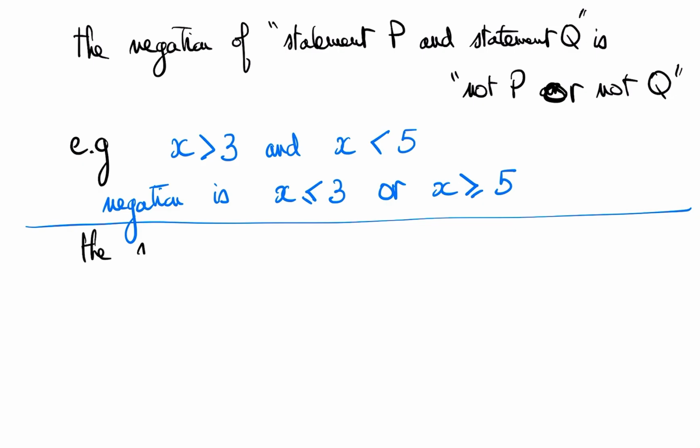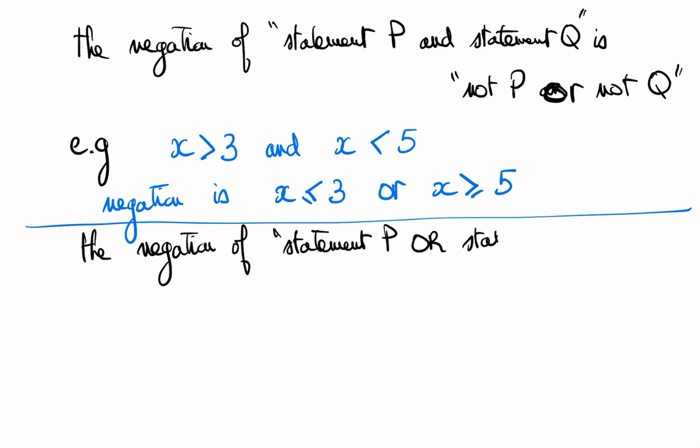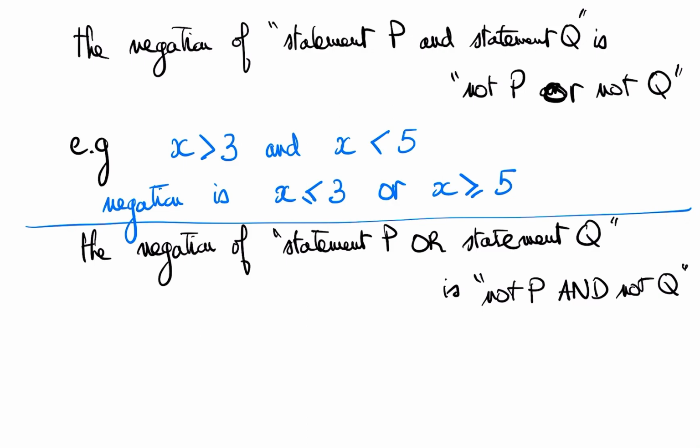The negation of statement P or statement Q is not P and not Q. So here you see the alternance. Here there is an and, here there is an or, here there is an or, and then there is an and.